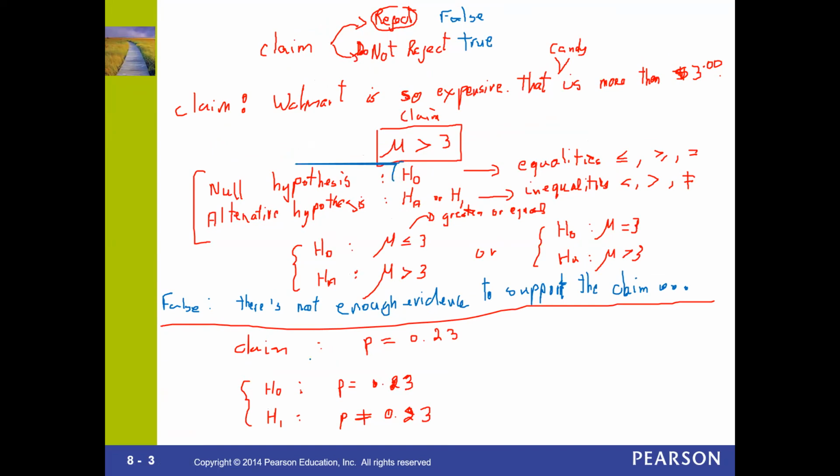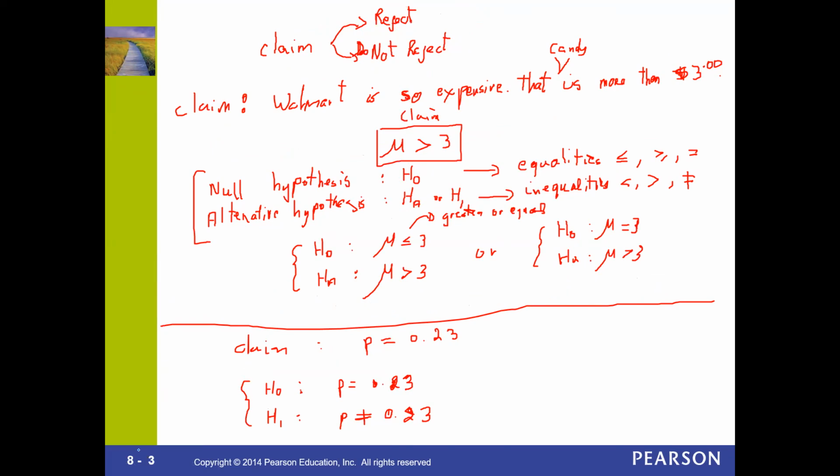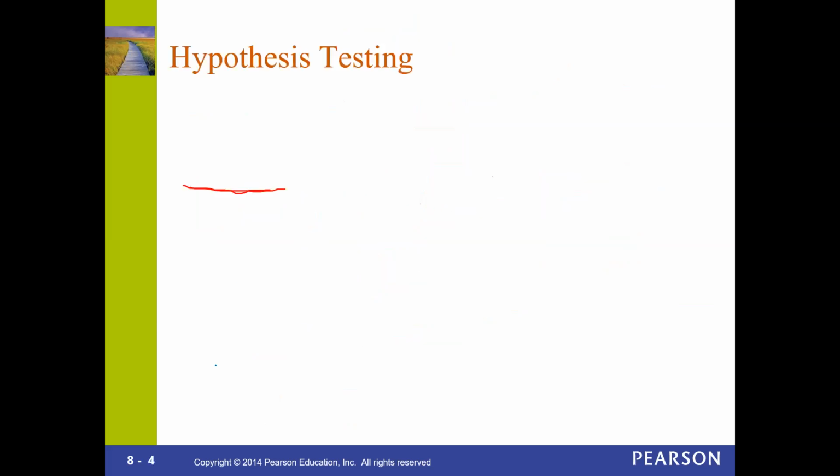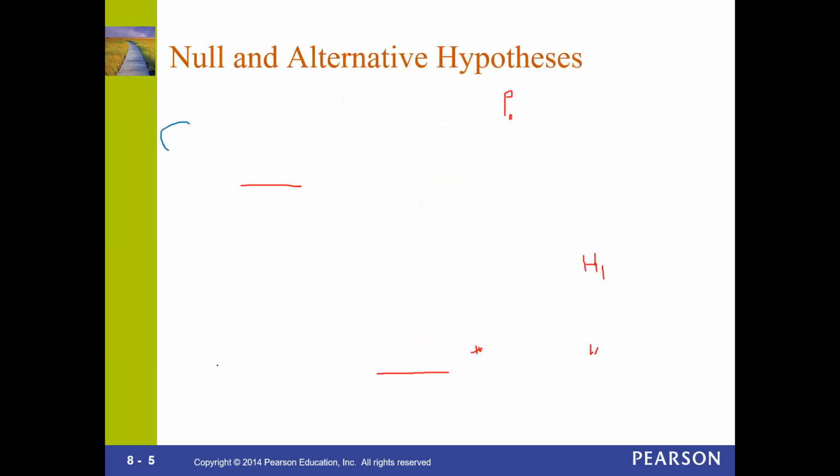For H0, you only accept equalities, and for HA, it can be inequalities. Okay, so let's keep working.